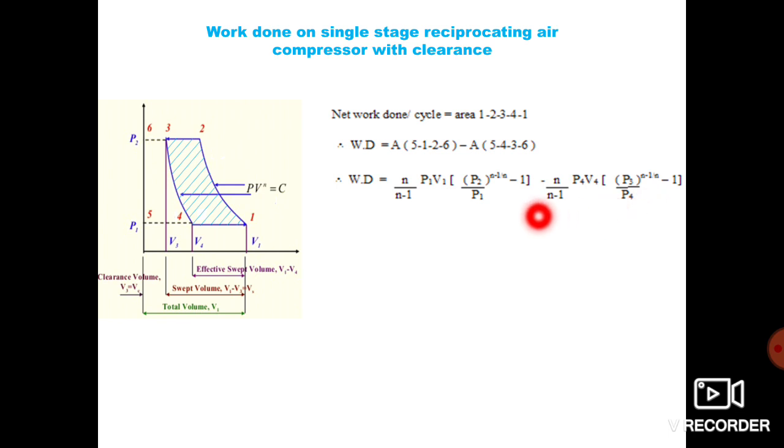We always write initial pressure. Here we are writing the initial pressure, and P1 V1 is the curve 1 to 2 and P4 V4 is the curve 3 to 4. We also know that P4 is equal to P1 and P3 is equal to P2.